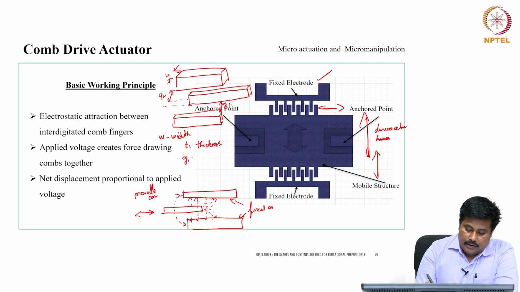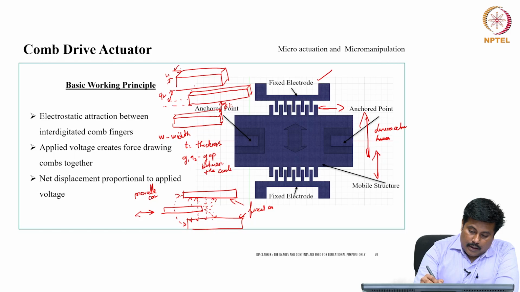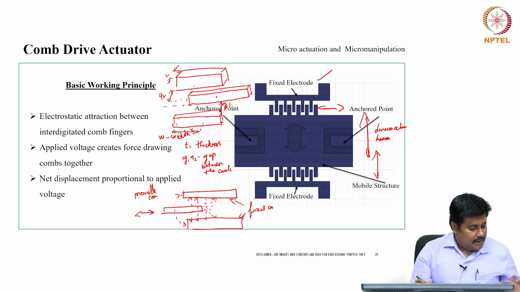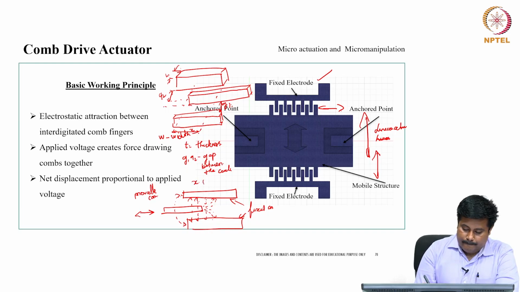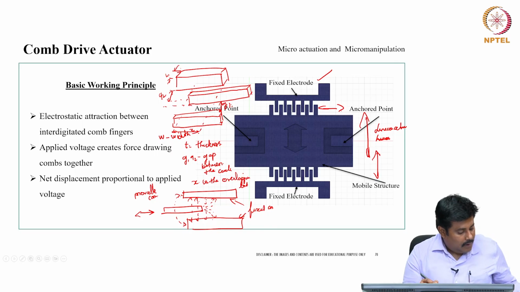G1 and G2 are the gaps between the combs, and X is the overlapping length of the combs.